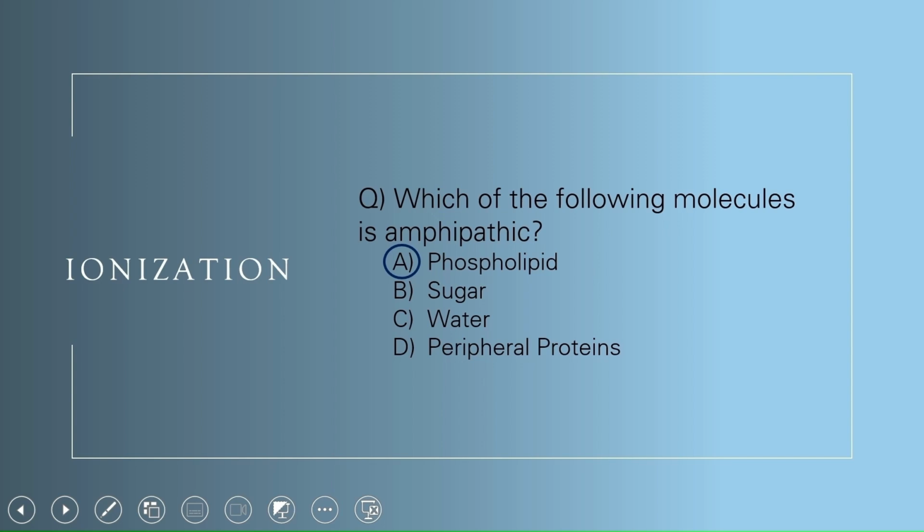hydrophobic carbon chains, okay? Now you might be wondering why we don't consider D, peripheral proteins, as an answer. That's because we know, yes, there are hydrophobic and hydrophilic amino acids, but the backbone of a protein, the most basic component of every amino acid, is what? The carboxylate, the acidic group, and amino, basic group, right?